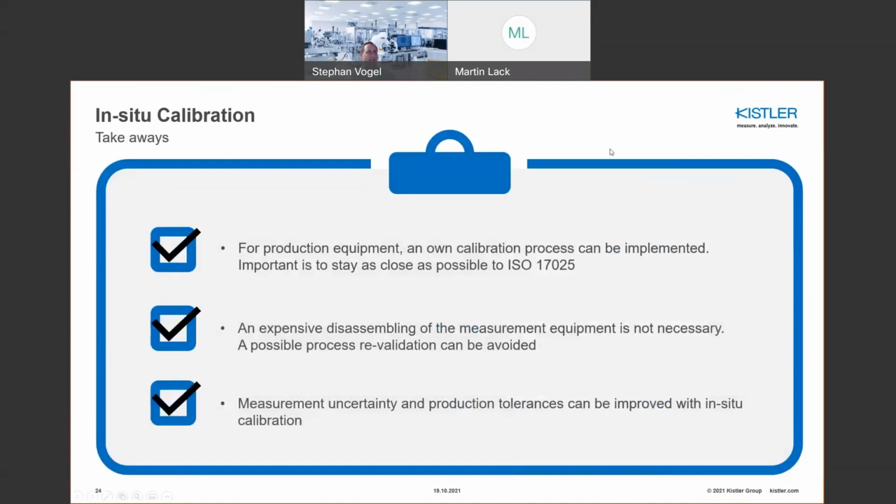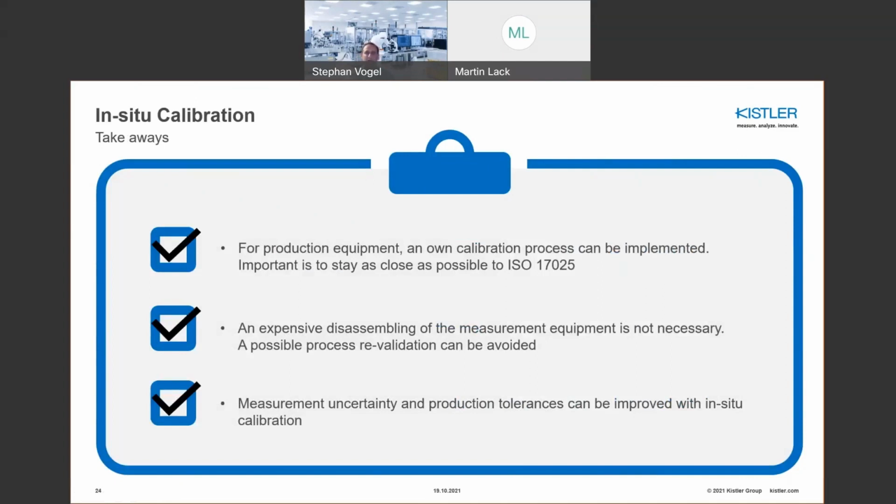As a takeaway, you can use in situ calibration for your production equipment, and it can be implemented together with the calibration process. The most important thing is to stay as close as possible to some parts of the ISO 17025 to be as compatible as possible.